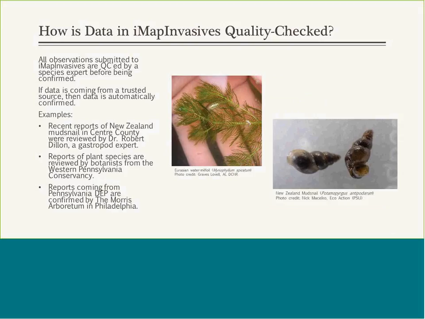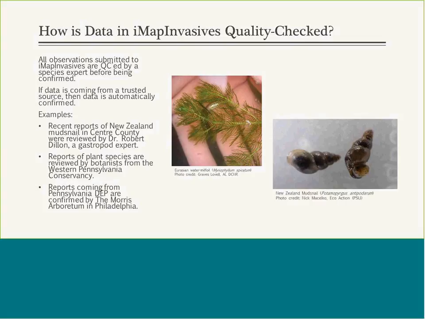I just want to quickly talk about how our data is QC'd, because this is something that doesn't get talked about as much as I would like. All the observations submitted to iMap are QC'd by a species expert before they are confirmed.